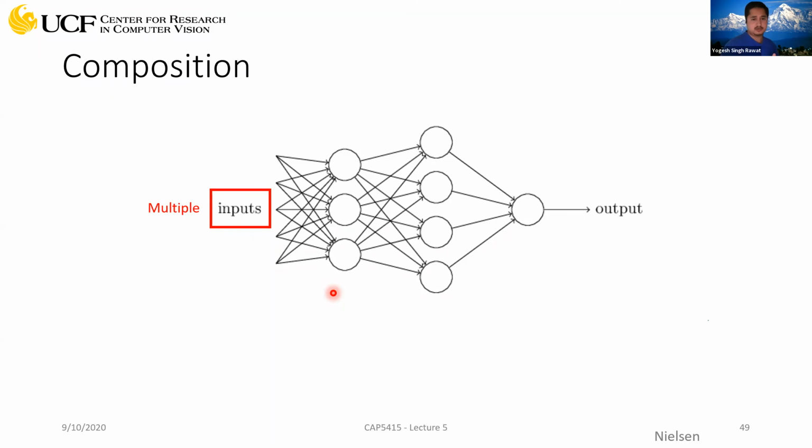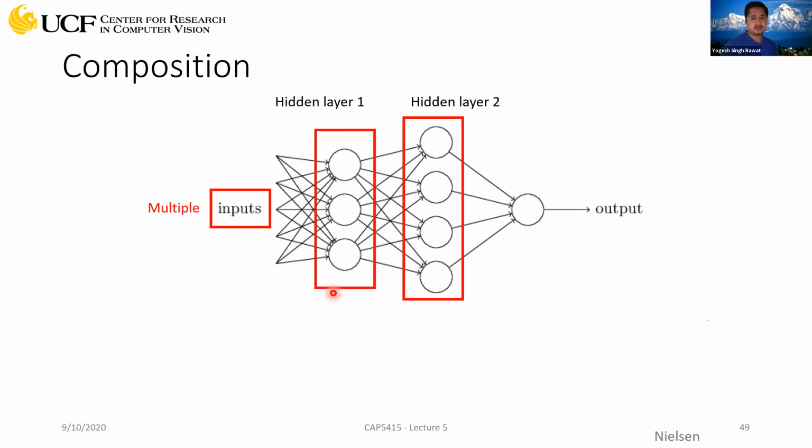So you can have multiple inputs, and each row of that matrix will be one of the inputs. Then this is your hidden layer 1, this is your hidden layer 2, and all of these can be represented in the form of matrices. To get the output of this particular layer, you just have to do matrix multiplication between these two.